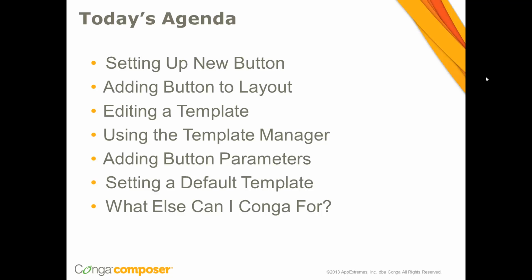Once we have that functioning basic solution, we'll start adding parameters, and we can use these to further control the behavior of the solution. Finally, we'll show you how to set a default template so that you can control what templates your users have access to, and then we'll talk about what else can I use Conga for. With that, let's go ahead and get started.